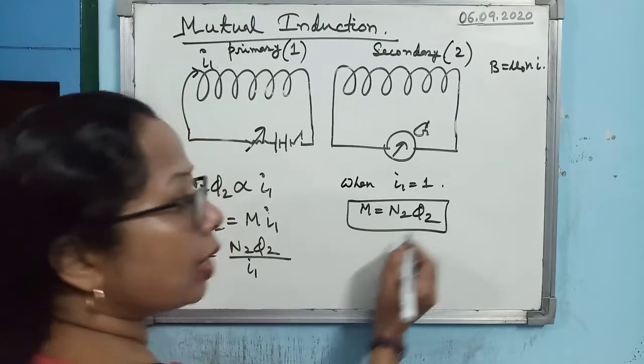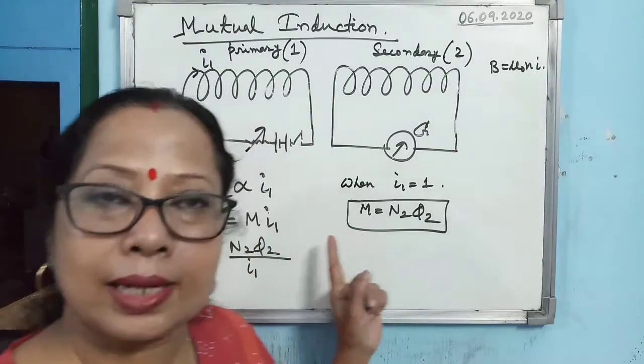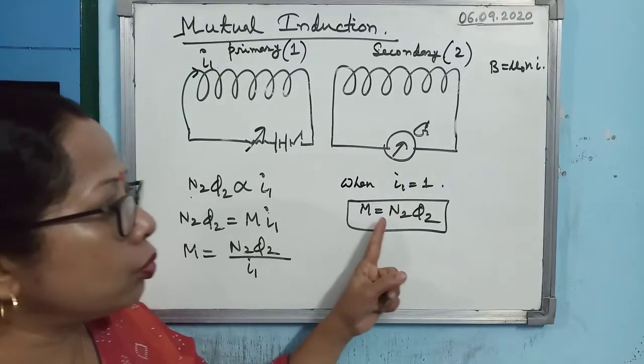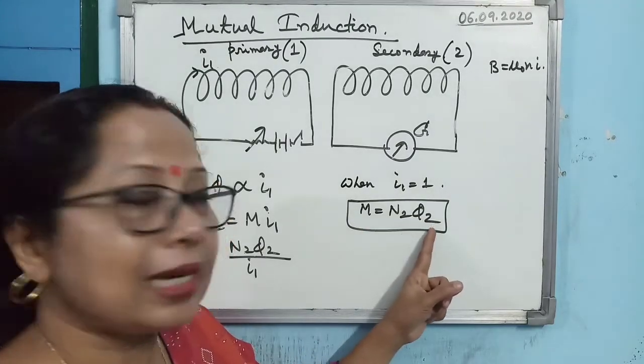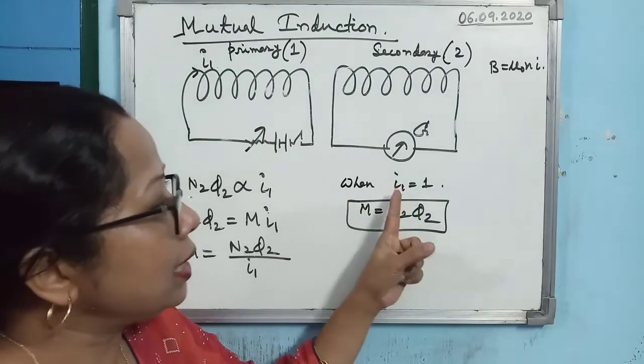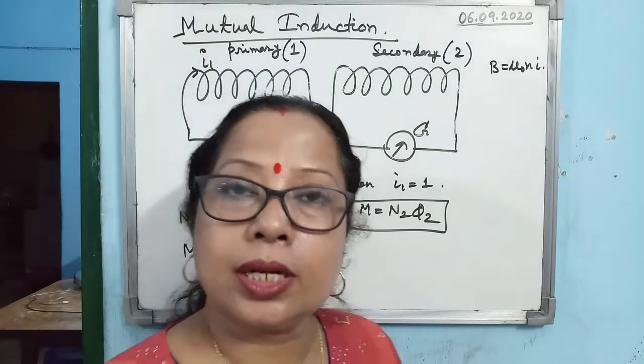So how you can define coefficient of mutual induction or mutual inductance? Coefficient of mutual induction or mutual inductance is equal to the total magnetic flux linked with the secondary when unit current passes through primary. This definition you must learn.